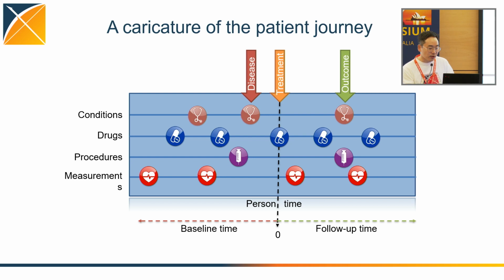This is the caricature of the patient journey. In our EMR, claims data, or registry data, we have records from patients about their conditions, which means diagnoses, drugs, procedures, and measurements like this.